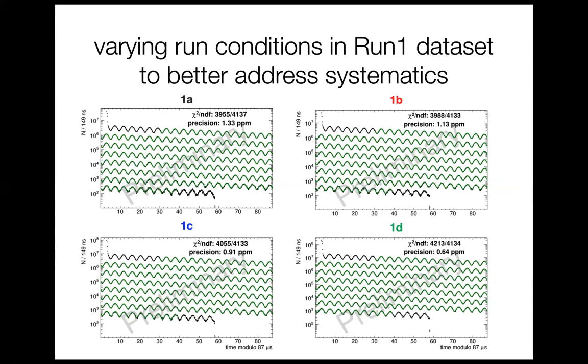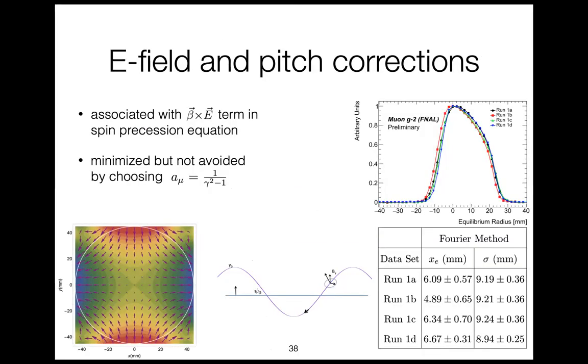In run 1, the first year of running in 2018, we broke the data set into 4 distinct subsets with different systematics. Here's the reason why I did that. For the E-field contribution, the field varies from the plates on the side of the storage region to the center, and if the profile of the beam, the number of muons at a given momentum, changes, it varies the systematics.